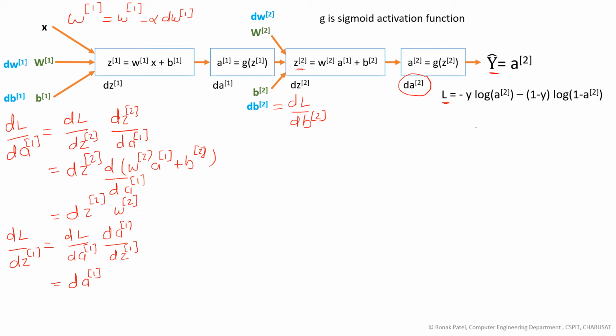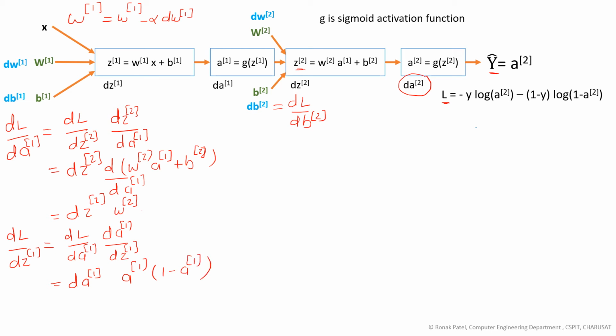This term is the derivative of the activation function. And which activation function are we using? We are using the sigmoid activation function. So based on the derivative of the sigmoid activation function, we can write this term as a1 into 1 minus a1, right?